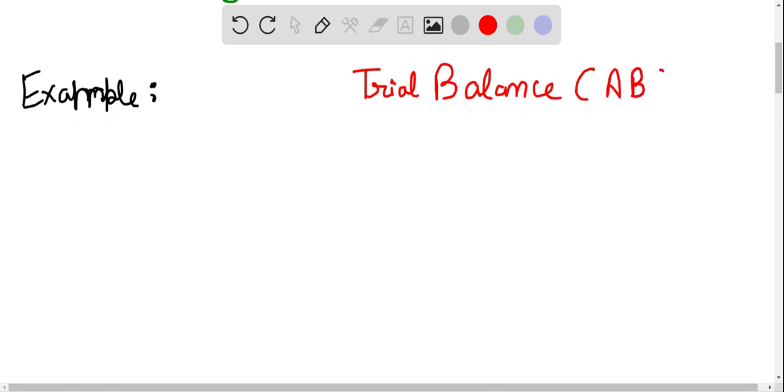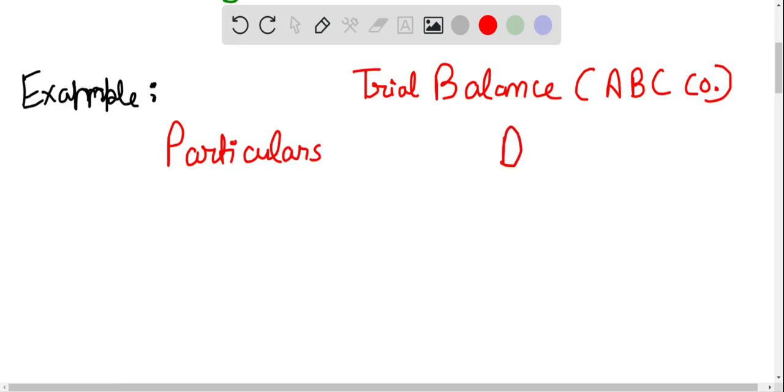So let's say suppose ABC company has been established to earn the profit. Okay. Now what happens in order to earn the profit? The ABC company deals with multiple suppliers and multiple customers so that it can earn the profit, the desired profit.